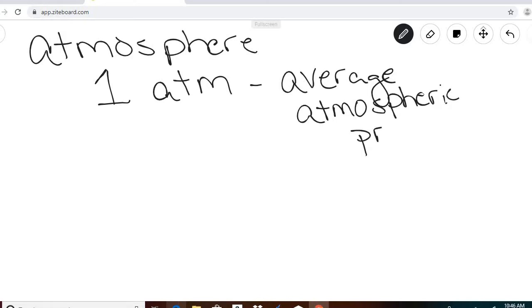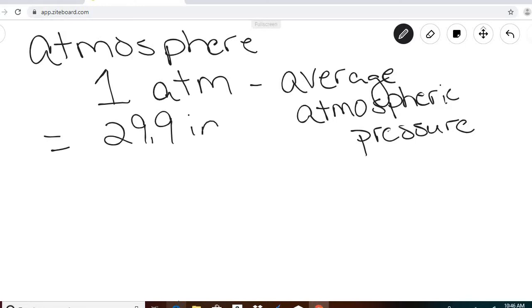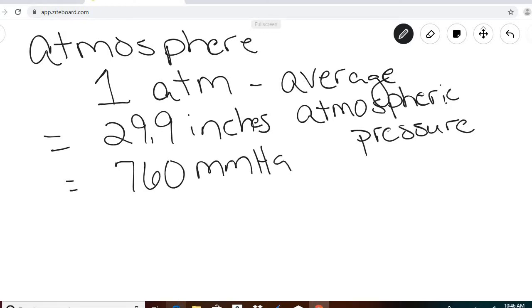So 1 atmosphere is equal to an average atmospheric pressure of 29.9 inches, or it's also equal to 760 millimeters of mercury. So 1 atmosphere is just an average atmospheric pressure.